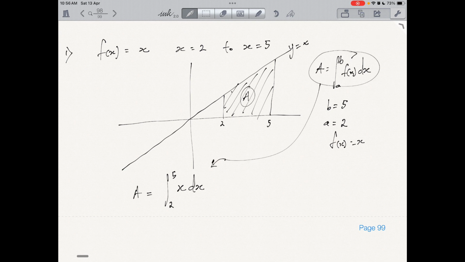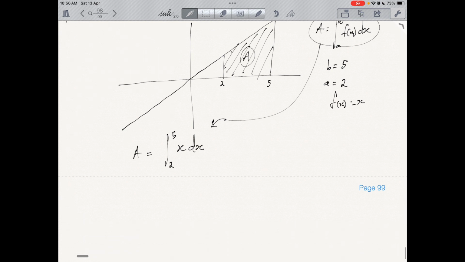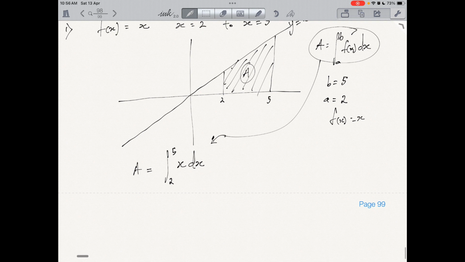Simplified further, we have to integrate x just like we did in definite integrals. Integrating x, we have x squared over 2 from the upper limit of 5 down to the lower limit of 2.